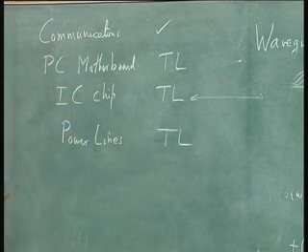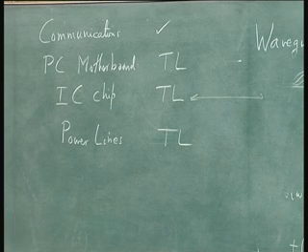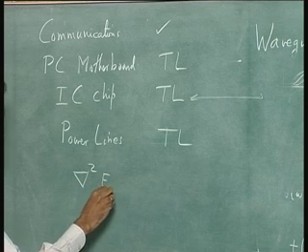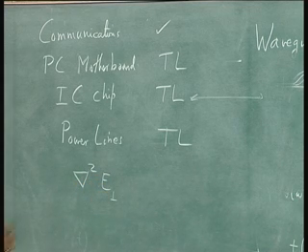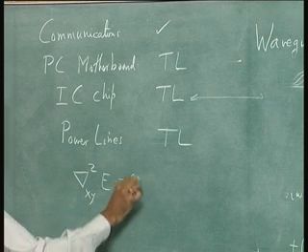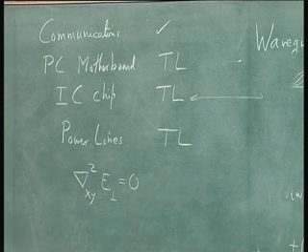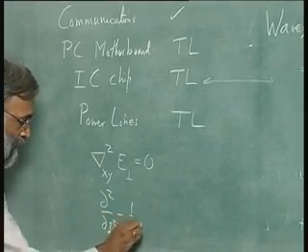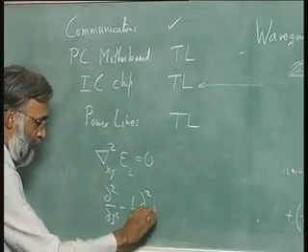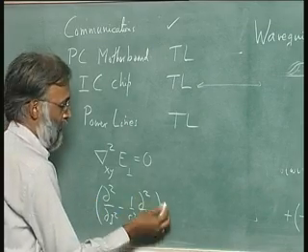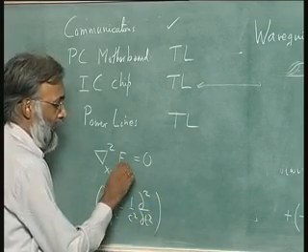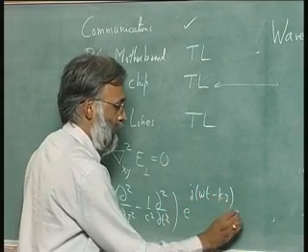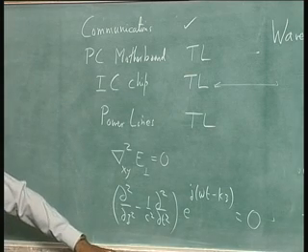In all these cases, what is important is that you are able to separate the del squared of Ex and Ey, and the solution along Z, which is del squared del Z squared minus 1 over C squared del squared del T squared, of the behavior in T and Z.